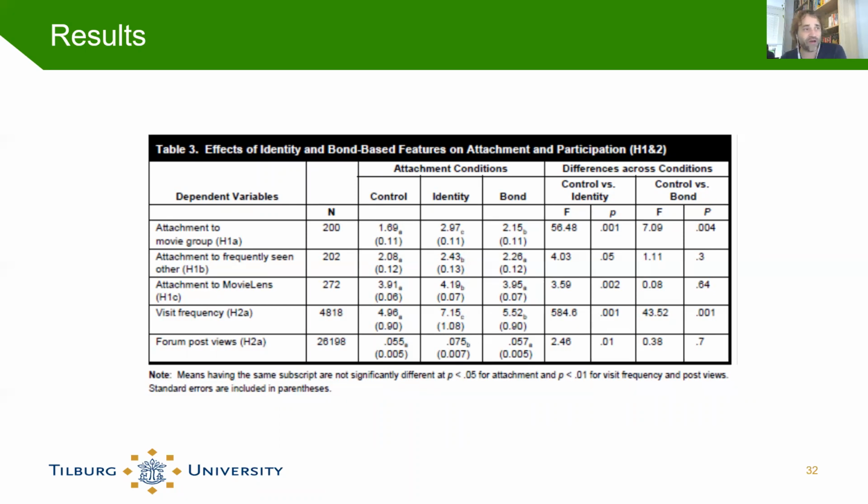And amazingly, what they found was that common identity worked better. This is basically all significantly different. So common identity worked better than common bond. People are more willing to share if they feel part of the group than when they simply know the individual members in the group.